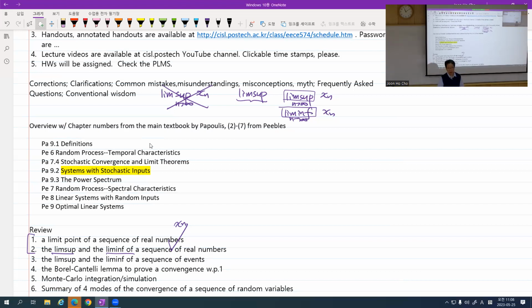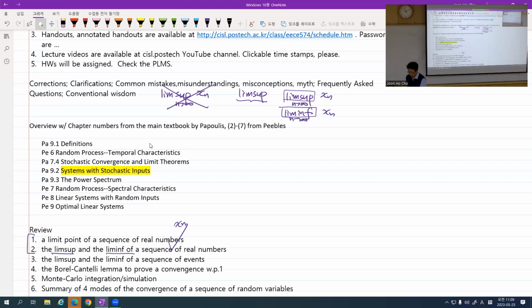Then suddenly we can bypass defining the limit of events from the beginning, but first define the lim sup and lim inf of a sequence of events, and then claim a sequence of events converges if the lim sup of the event sequence and lim inf of the event sequence are identical. Something like that. Got it?